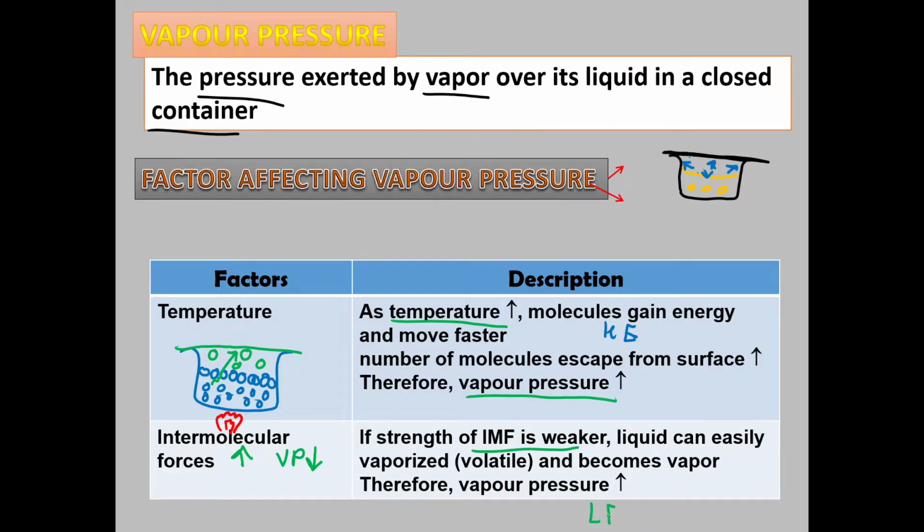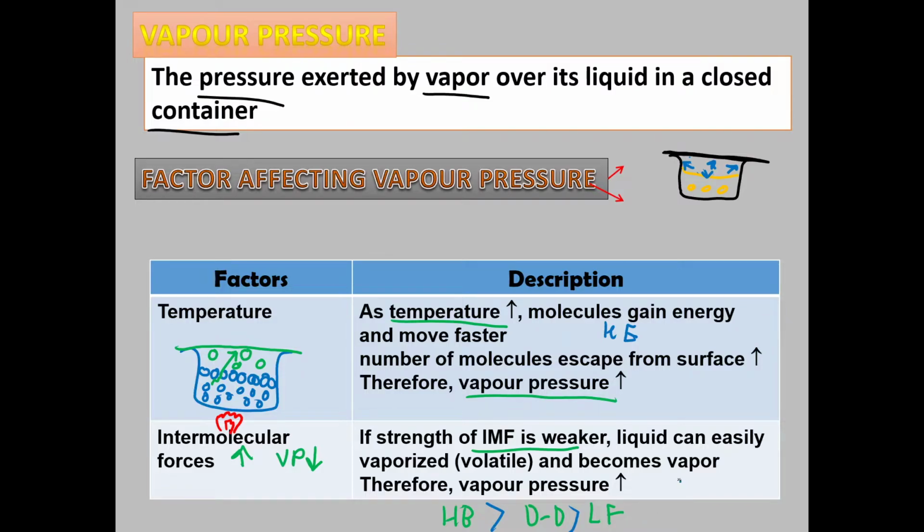London forces is the weakest kan, because we have dipole, and we have hydrogen bonding. This is dia punya relative strength. Okay. Contoh dia only have London forces. London forces is only for non-polar molecule kan. So contohlah macam methane punya liquid is very weak.